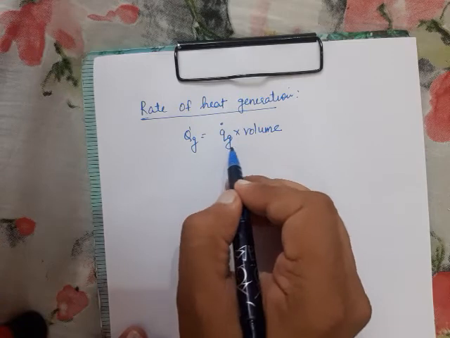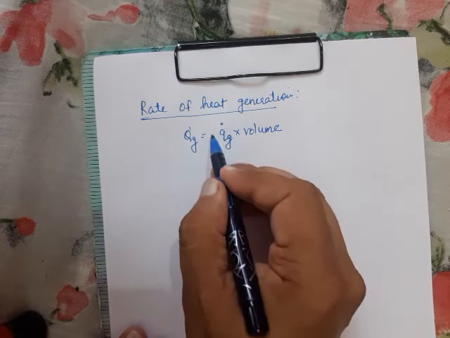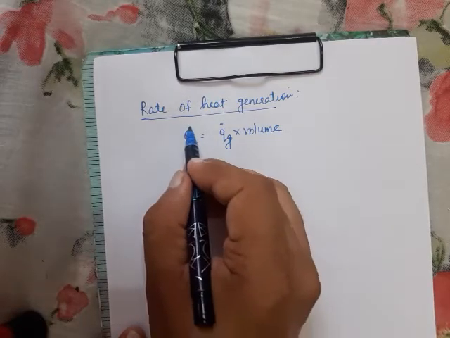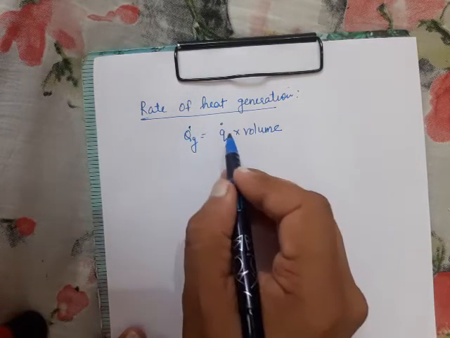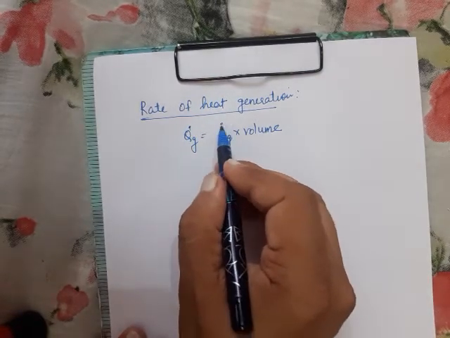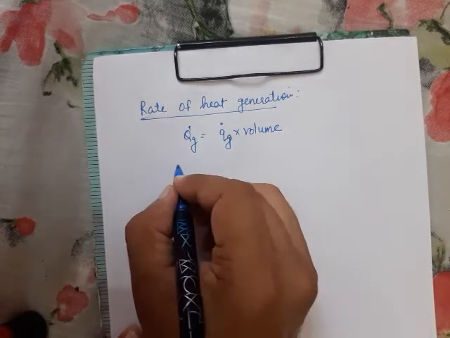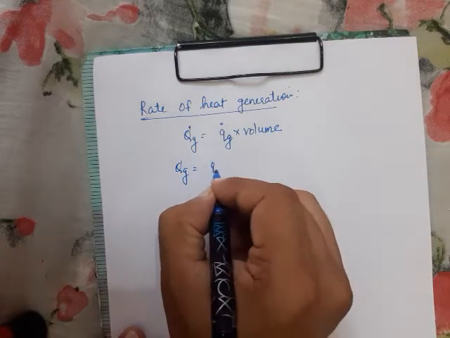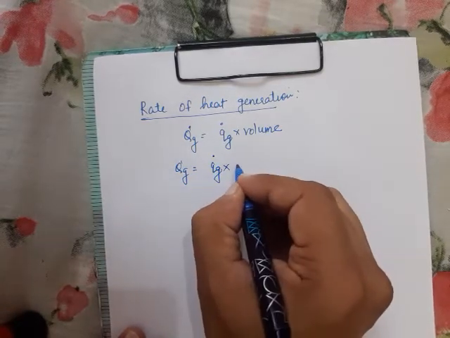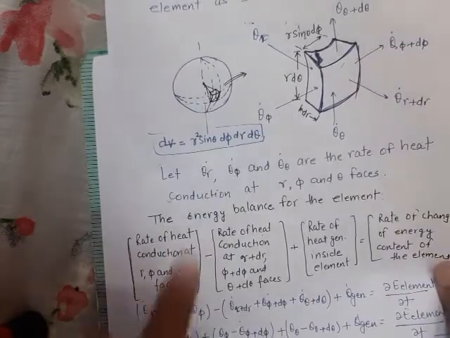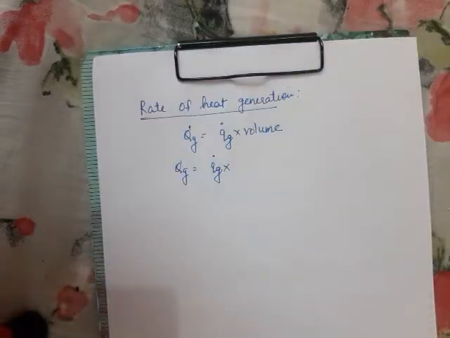When rate of heat generation per unit volume is multiplied by volume, it becomes the rate of heat generation. So Q dot G will be equal to q dot G times volume. What is the volume? We have already written the volume of the element as r square sine theta d phi dr d theta.